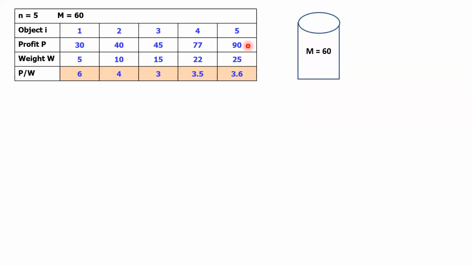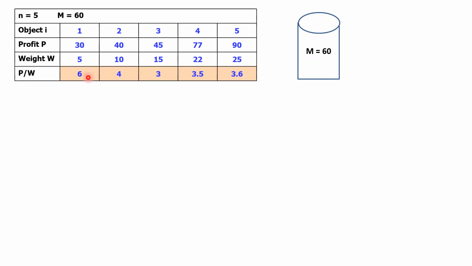So we have defined what the problem is, we have defined the constraints, and we have defined the objective function. Now we'll start filling up the bag. As I said, whenever you are going to fill up the bag, you always start by choosing an object with the maximum P by W value.